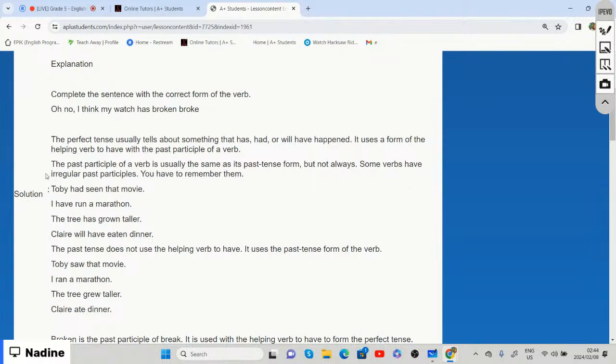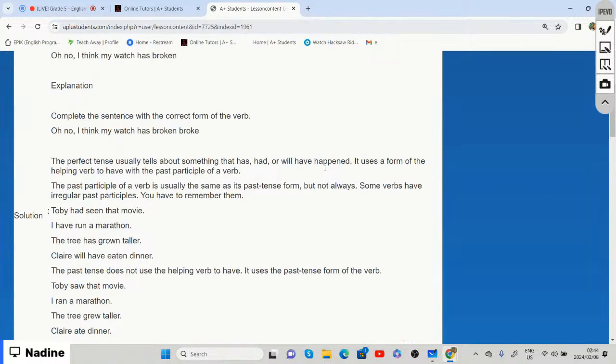So we're basically just going to have to know the past tense. But the past participle uses some of the verbs such as has or had, or has or have, right?